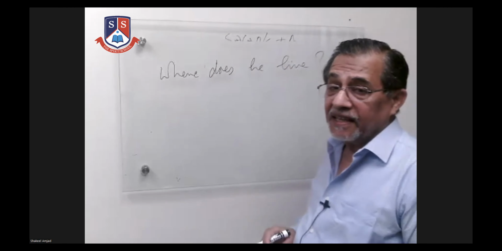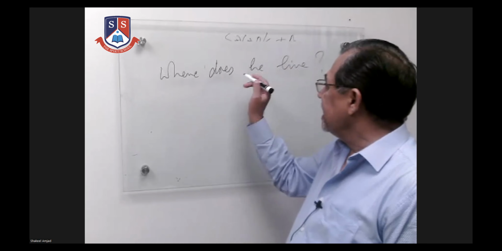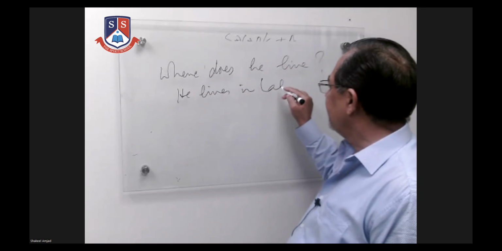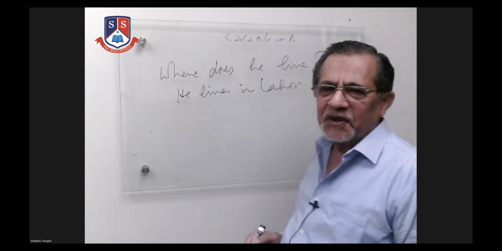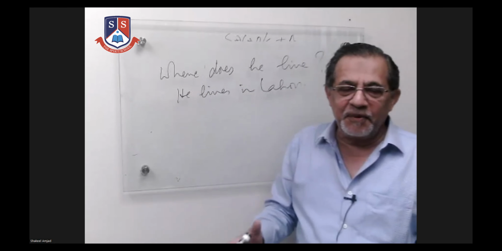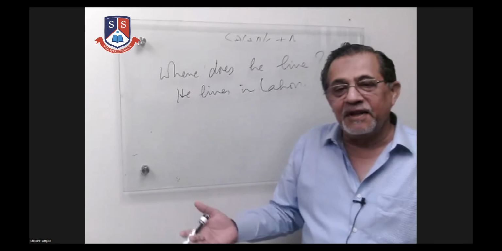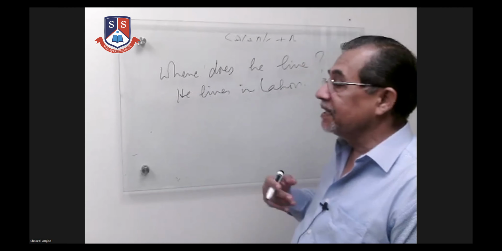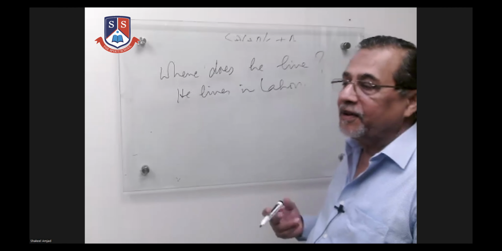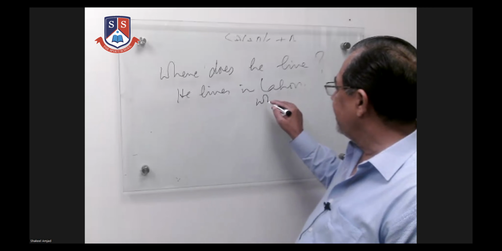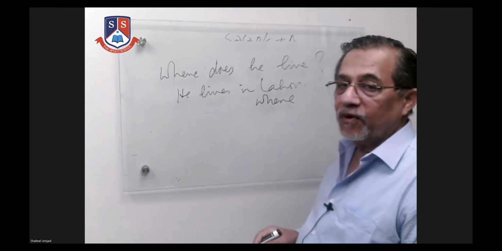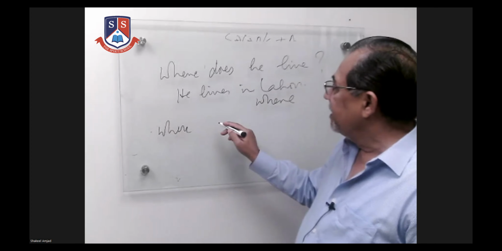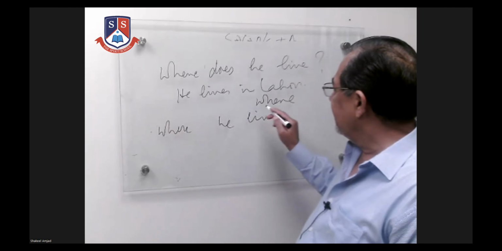Now you can tell me what happened. He lives in Lahore. Wherever you want: in DG Khan, in Multan, in Rawalpindi, in Karachi, even outside Pakistan. If you did not know where I live, you would say, he lives in where? So instead of "in Lahore," you put "where." So where tends to come at the beginning: where he lives.